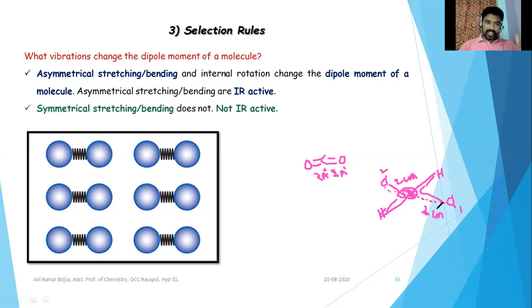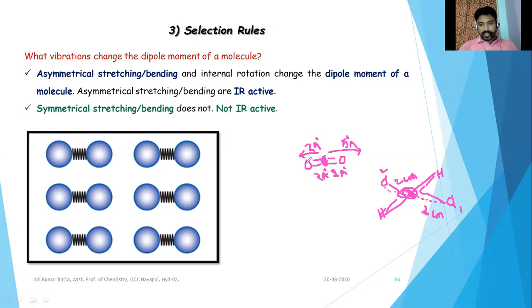So in the case of asymmetrical stretching vibration, let us see here. During the stretching vibration, if this oxygen atom stretches to 5 angstrom units, for example, and if the second oxygen atom stretches to 3 angstrom units from the center point of the carbon dioxide molecule.